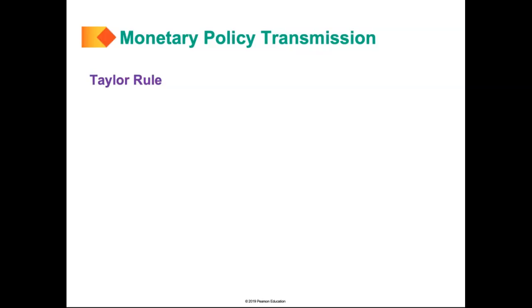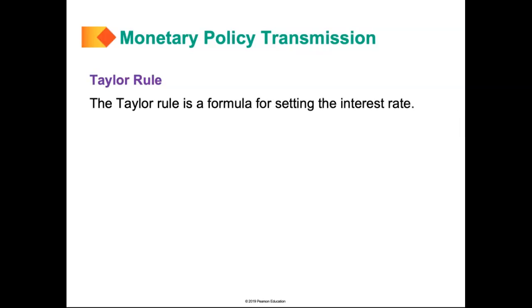Okay. Now, this rule was proposed by Stanford University economist John Taylor in 1993. He was the first person to bring this rule out in terms of setting the federal funds rate. This rule was so popular and so good at determining what the federal funds rate should be that it was named after him.